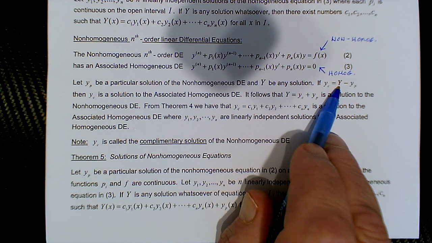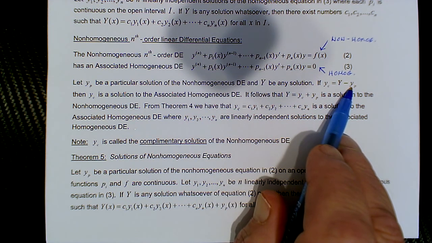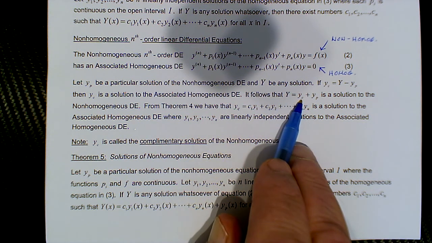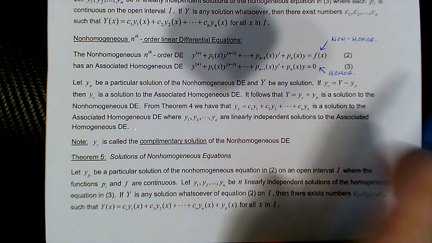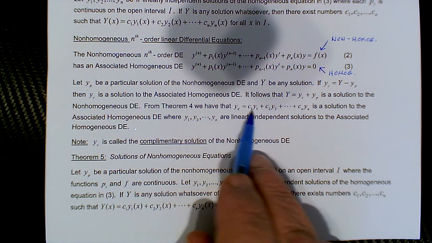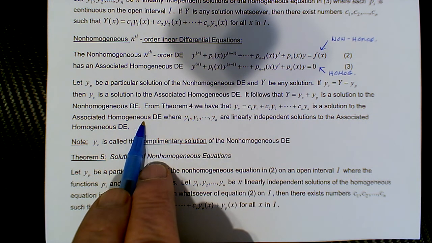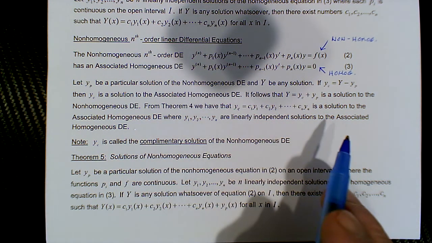And so it would follow that, just adding y sub p to both sides, our general solution is the sum of what we're calling y sub c and this particular solution, y sub p, and that's going to be a solution to the non-homogeneous differential equation. Now, from Theorem 4, we'll call y sub c the linear combination of solutions to the associated homogeneous, where all the y's are linearly independent solutions to that associated homogeneous.